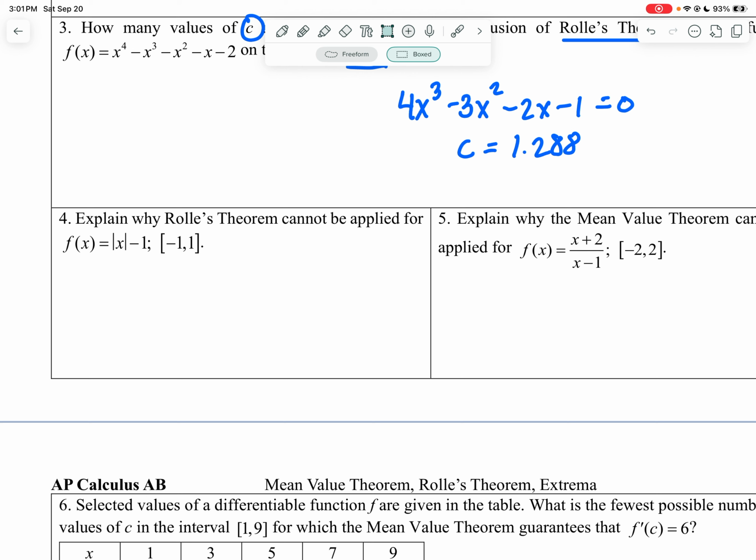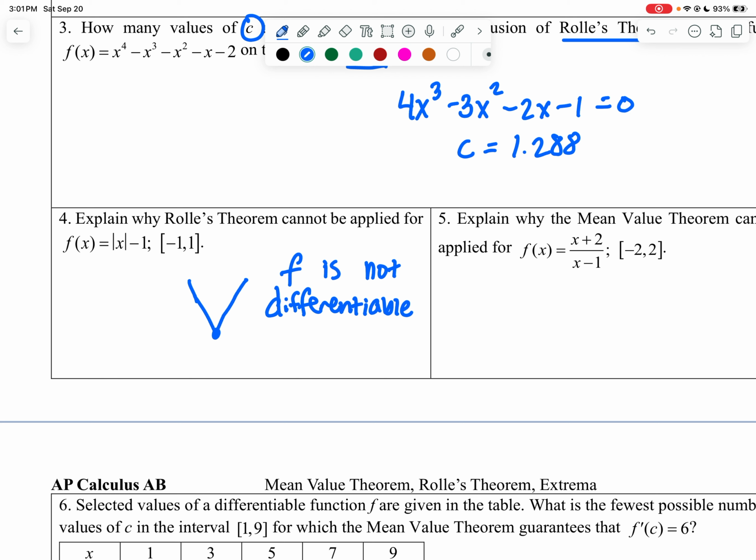This can't be applied because f is not differentiable at x is equal to 0 because of a corner. So Rolle's theorem cannot be applied.